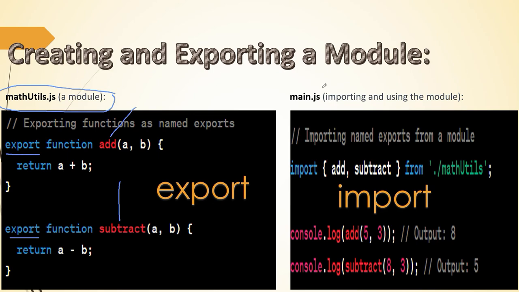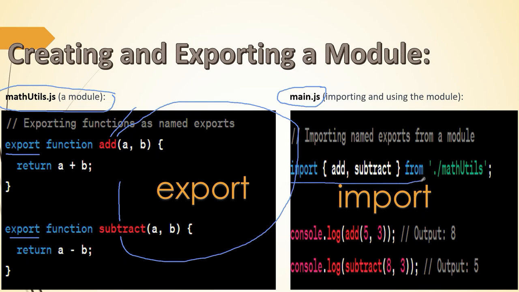Whereas we have another module called main.js, and this main.js needs the functionality of add. If you want to make use of that, the first thing we need to do is say import. We have to say I need to import add and subtract functionalities from the math.util.js file.